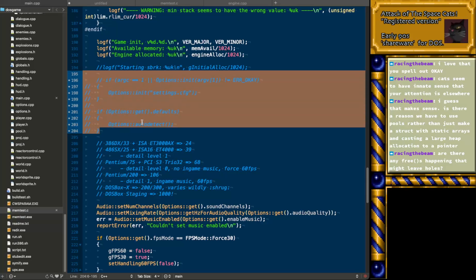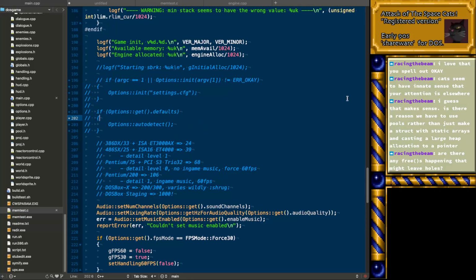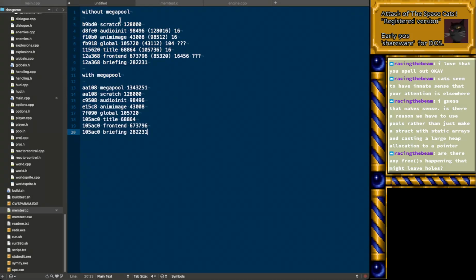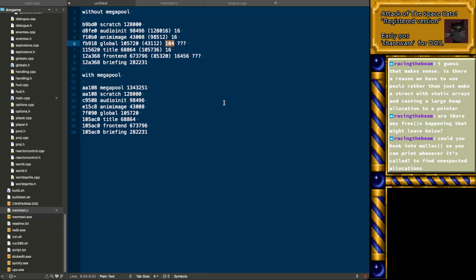So on the off chance that it isn't, I've commented that out to see if taking out that first file read gets rid of the mysterious gap here, what would that be, 104 minus 16, or 88 bytes. Right, let's finish building.